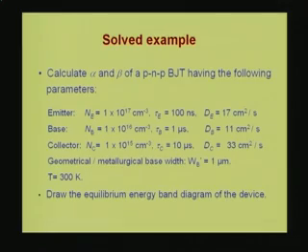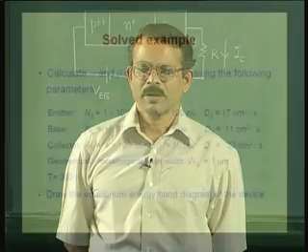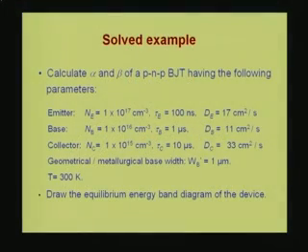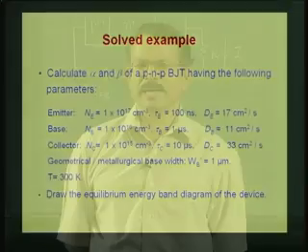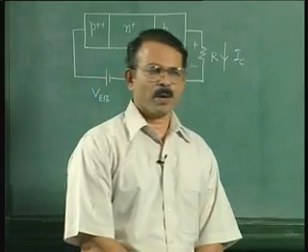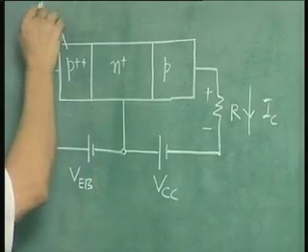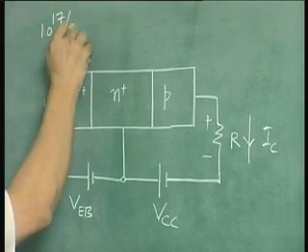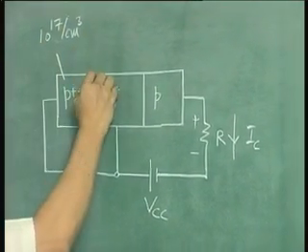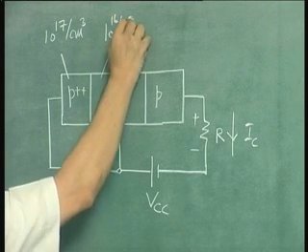Now after calculating the alpha and beta, we also have to calculate, as the problem says, the equilibrium energy band diagram of the device. We have to sketch this diagram. So let us begin the problem. This doping level is 10 power 17 per centimeter cube, and this is 10 power 16 per centimeter cube.